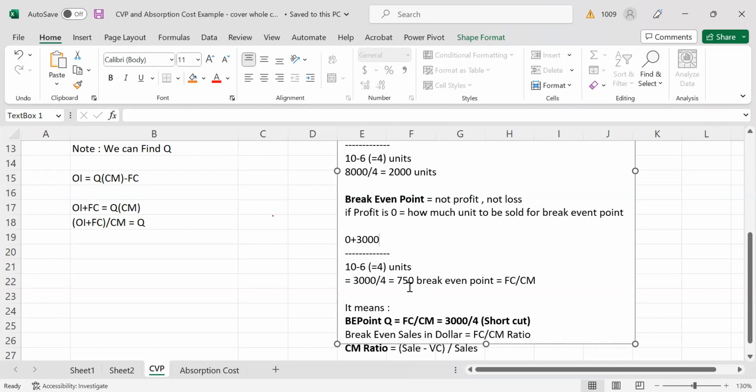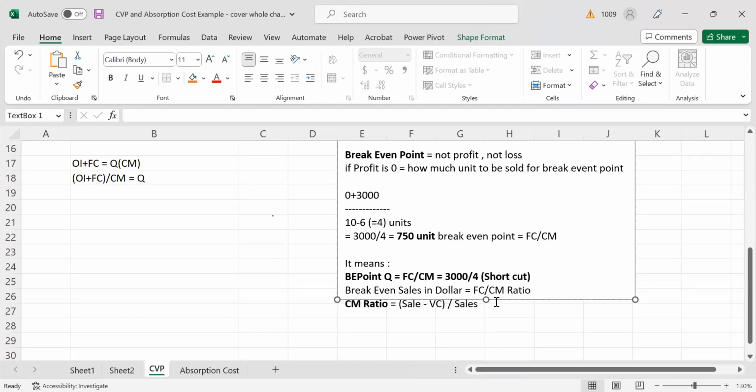That is the break-even point. So the answer is 750. If we sell 750 units, then there will be no profit, no loss, right? Which is depicted here as 750. These are the 750 units that if we sell, no profit, no loss.